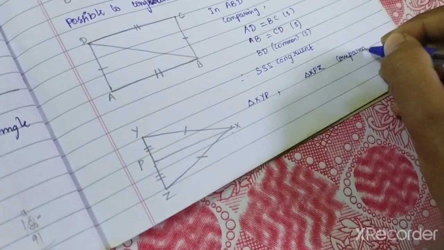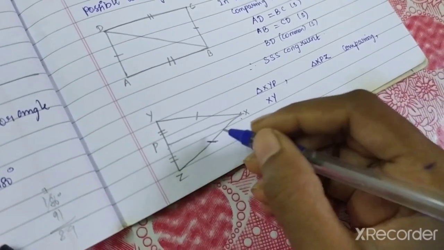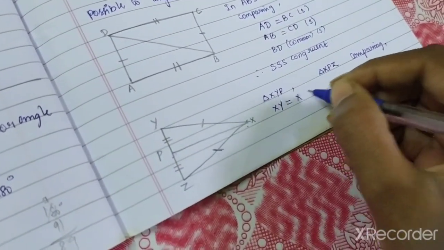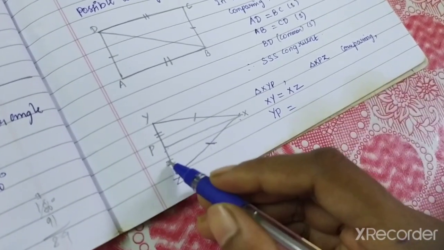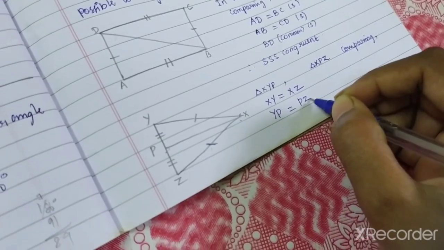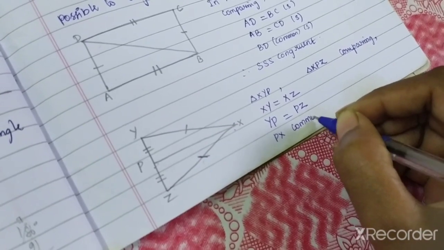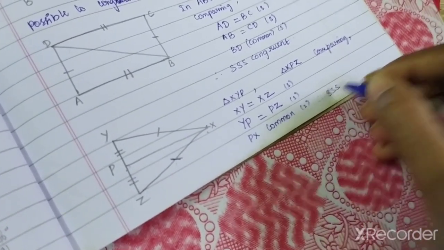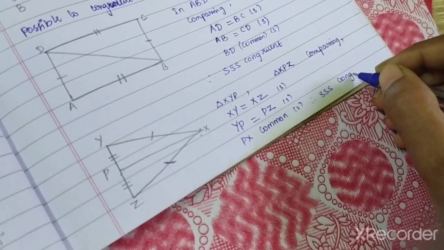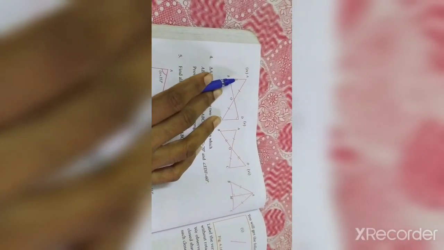Comparing, therefore XY, this one line means equal, this is equal to this, XZ. Then YP is equal to PZ. And we are having a common side PX. So side, side, side. Therefore SSS congruent.